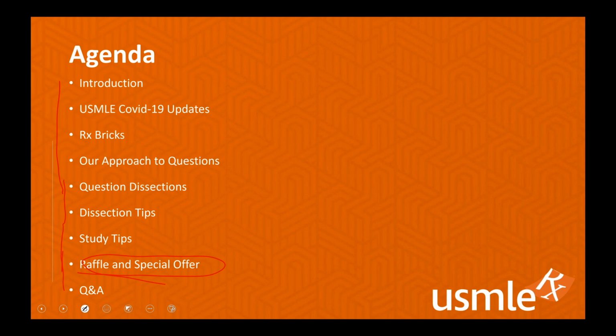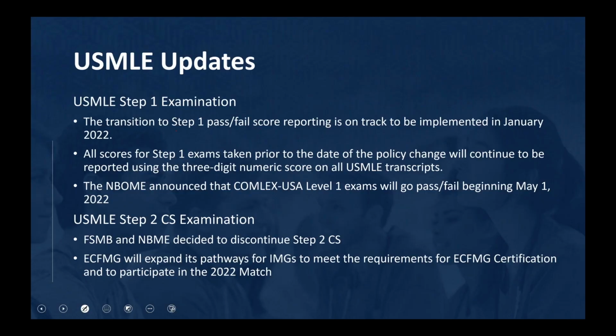All right, so again, quickly the updates. If you've been to any of our webinars in the last 6 months or so, you probably are familiar with most of this, but I think it's worth repeating. As I think everyone knows, Step 1 goes pass/fail sometime next year. They are on track to do it by January 2022, but they reserve the option of pushing it back if necessary, so you're going to need to keep an eye on that because we don't know exactly when it's going to happen.